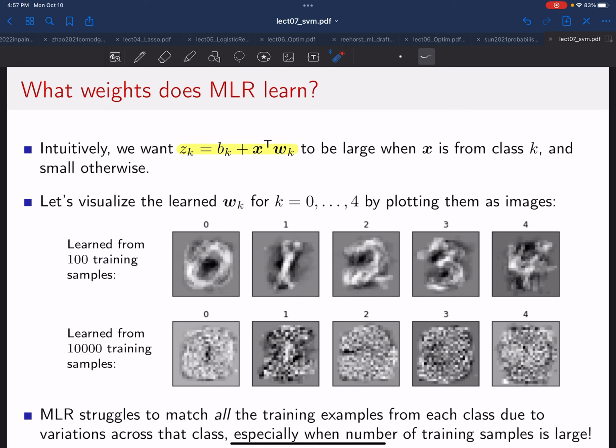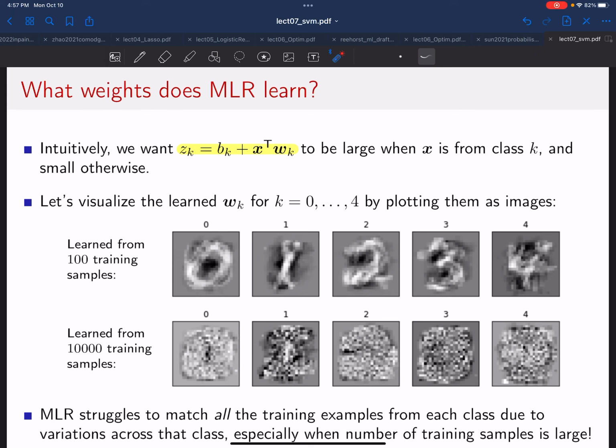Right? So if X is coming from class K, then it should have bright pixels where that digit is. And to make this value large, you want these also to have bright pixels in the same spot. And then when you sum them up, you get a big value. And that's sort of what happens.